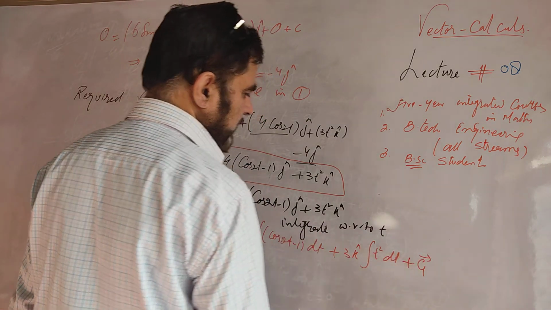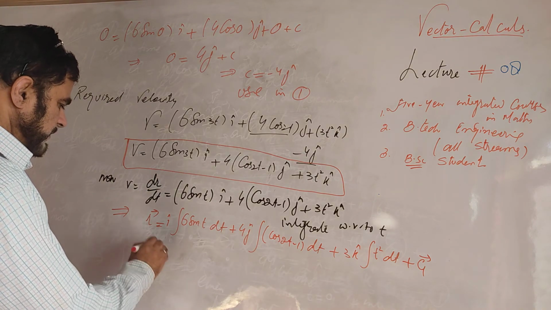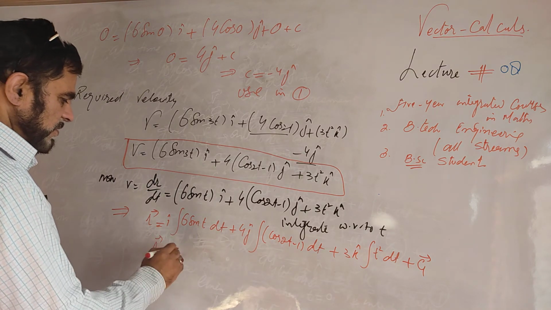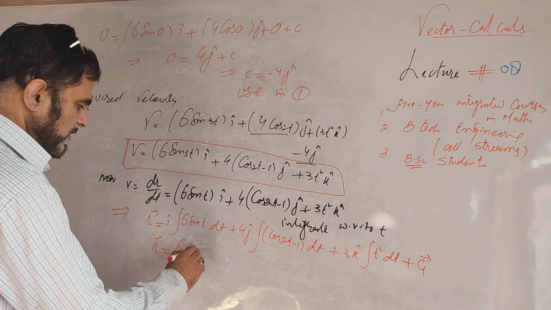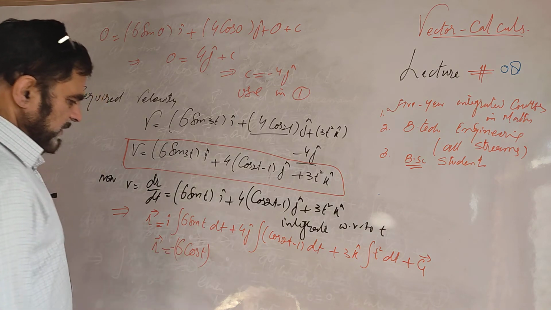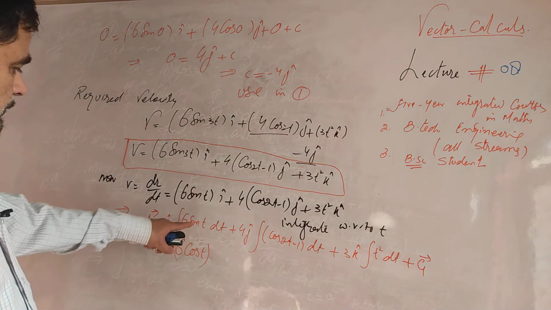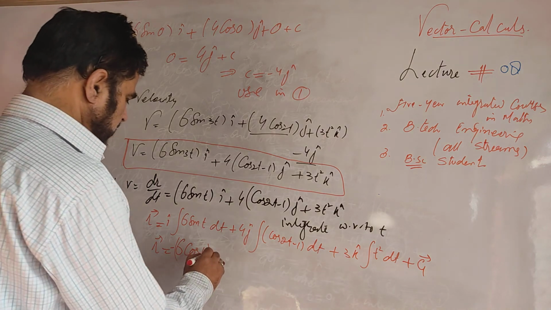This c1 is a constant of integration. It will also come from initial conditions. This is r is equal to the integration of sine: 6 cos t, minus, since the integration of sine is minus cos, so minus 6 cos t into i.